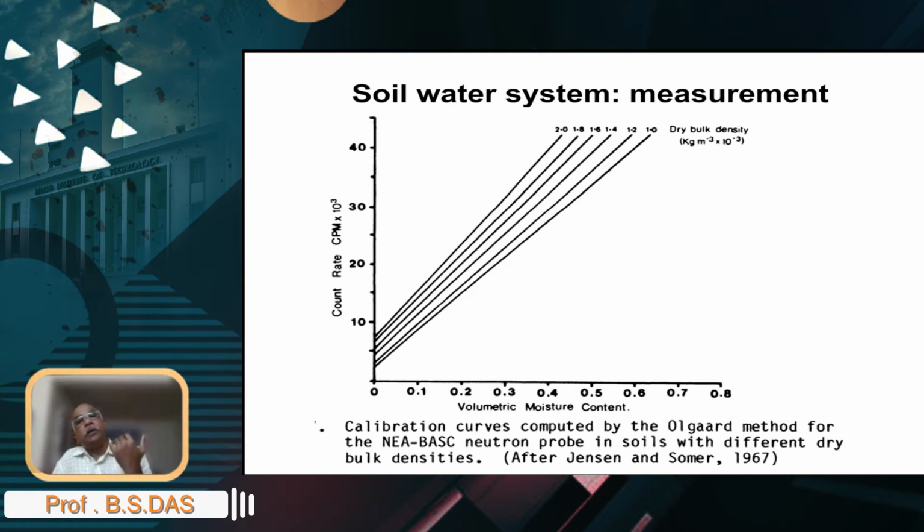Another important aspect of these neutron probes is that soils typically have different bulk densities. In the same soil, you could have different densities depending on the level of compaction.